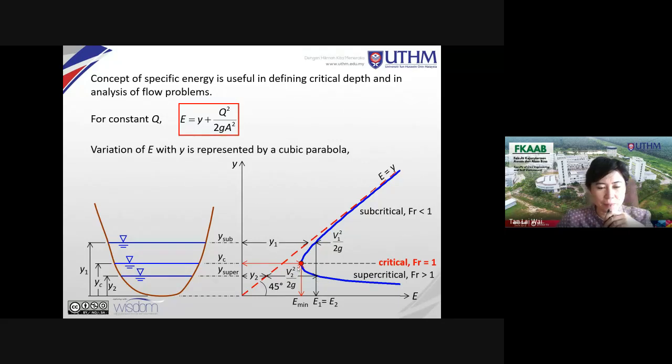Apart from minimum specific energy, which has only one depth of flow, the critical depth, the other values of specific energy give you one set consisting of two depths of flow, one in supercritical state and another in subcritical. This is known as the alternate depths.